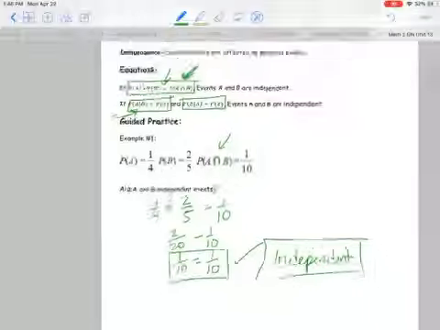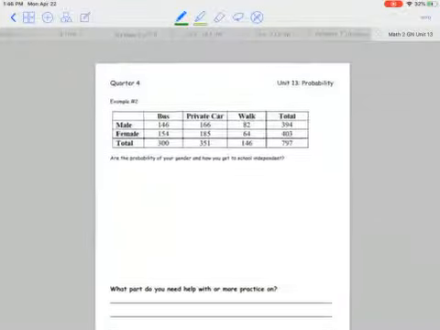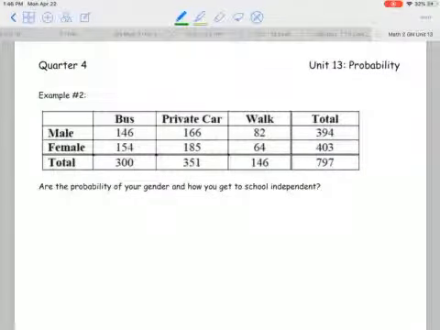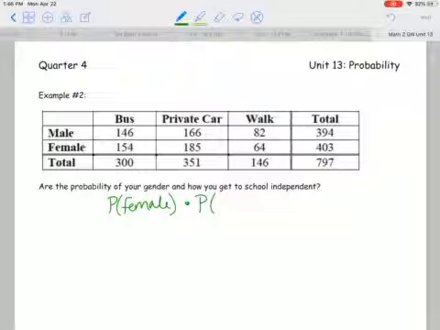So those are pretty easy. Let's look at the next one. This one is using a table to get it. So what's the probability of your gender and how you get to school? And this is going to be different for each person. So like for me, I'm going to say, okay, I'm a girl, so the probability of female, I need to know if that times the probability of getting to school, and I go by car.